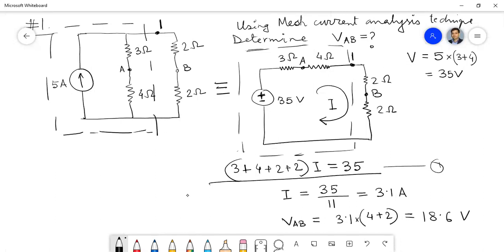And sir, after taking the current as 3.18, the actual value of voltage will become around 19.08. I have taken only one place of decimal. If it is 3.18, this is 3.2 only. Then you have to take 3.2.